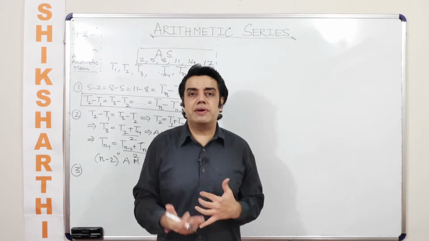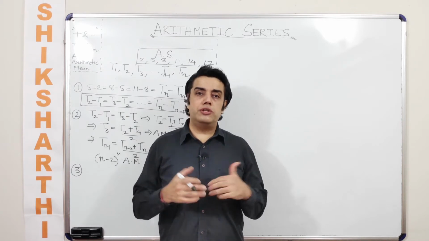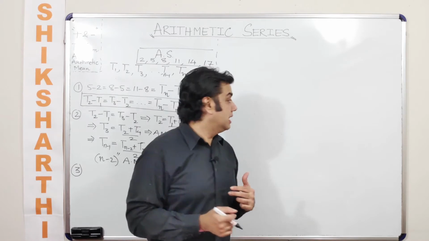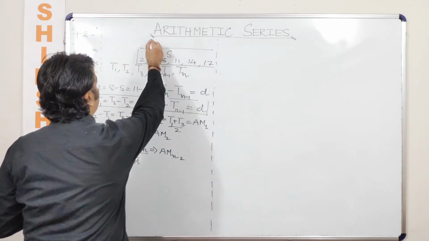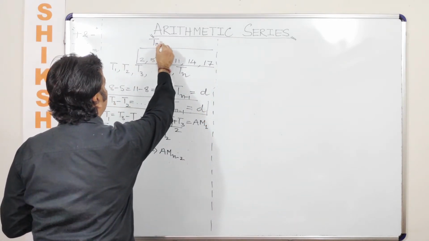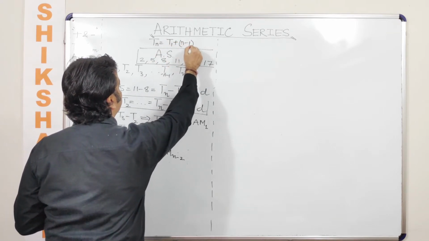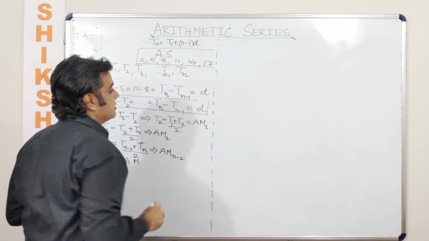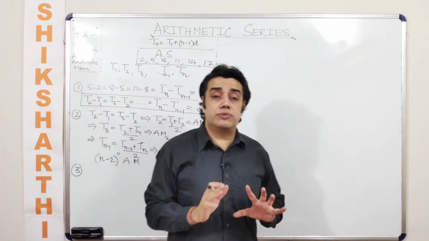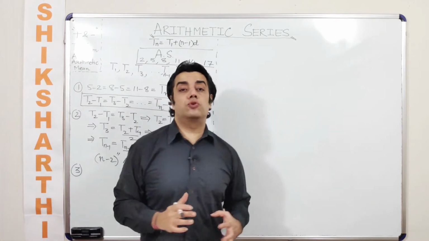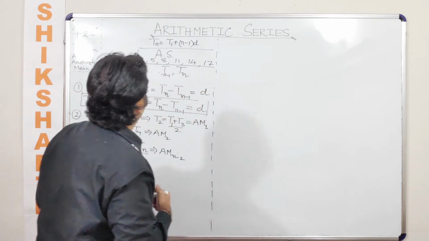You can always identify the third term, and you already know that a particular term, let's say Tn, we already know this formula, that Tn is equal to T1, which is the first term, plus (n minus 1) into d, or a plus (n minus 1) into d, that you already know. So what do you mean by locating?